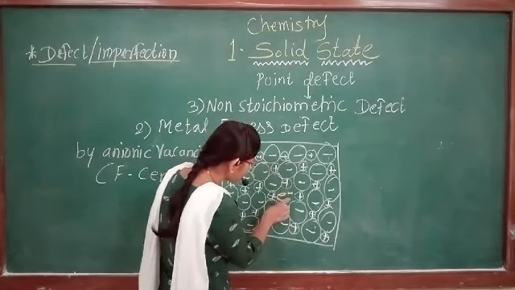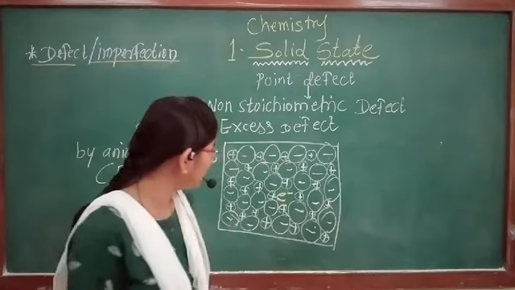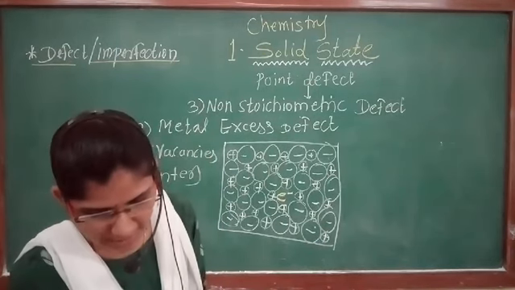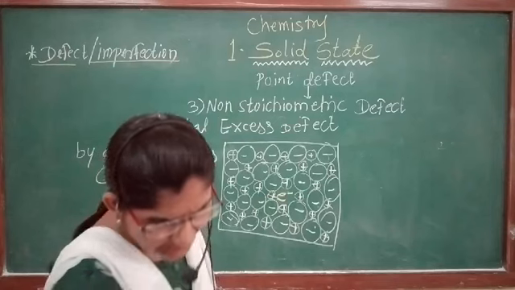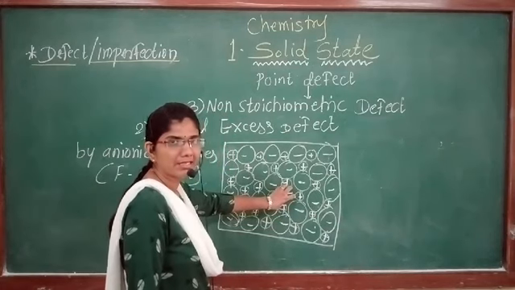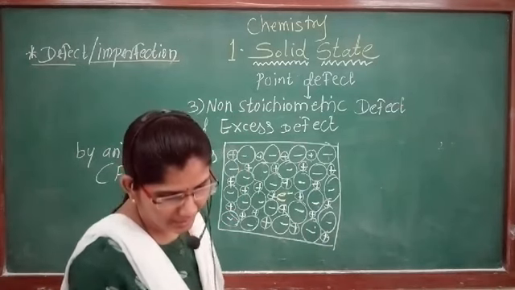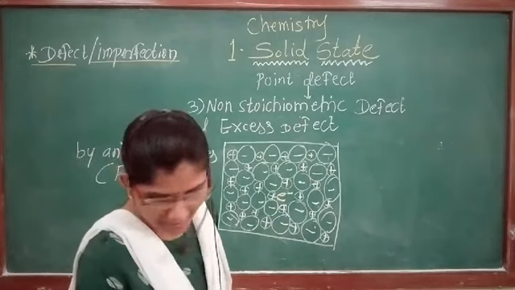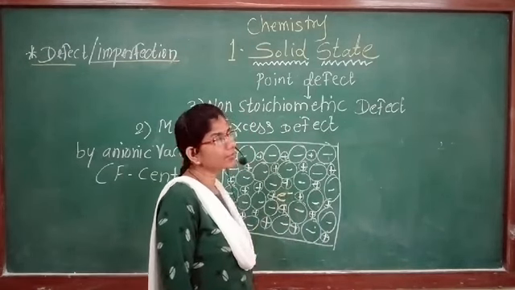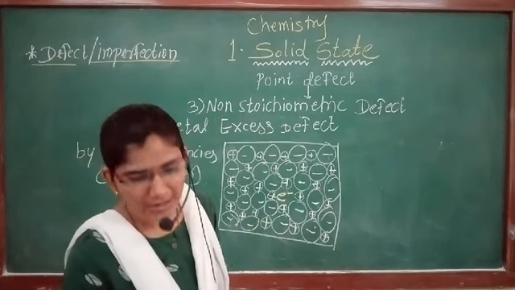The Cl minus ions are present, but due to the deposited sodium atoms they diffuse, and therefore they create vacancies at their regular sites. Since these are anion vacancies, this is called an anionic vacancy.